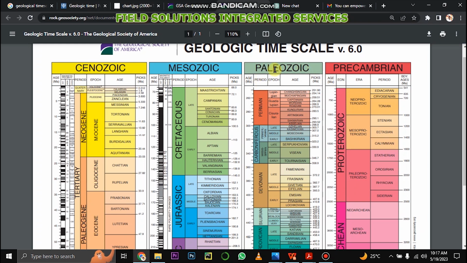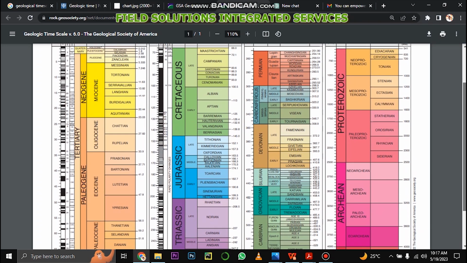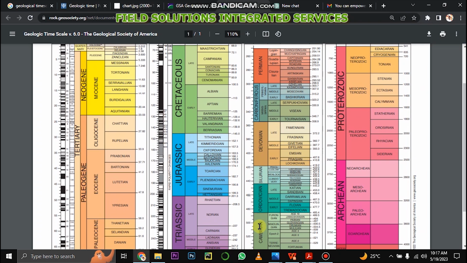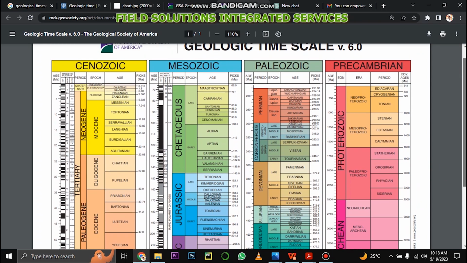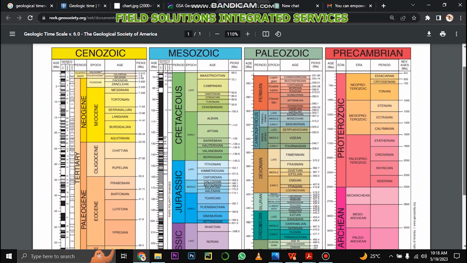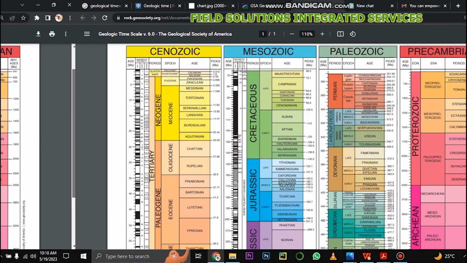Now, coming to the Paleozoic era, how many periods do we have in the Paleozoic era? We have Cambrian, Ordovician, Silurian, Devonian, Carboniferous, Permian. So we have one, two, three, four, five, six period subdivisions in the Paleozoic era.